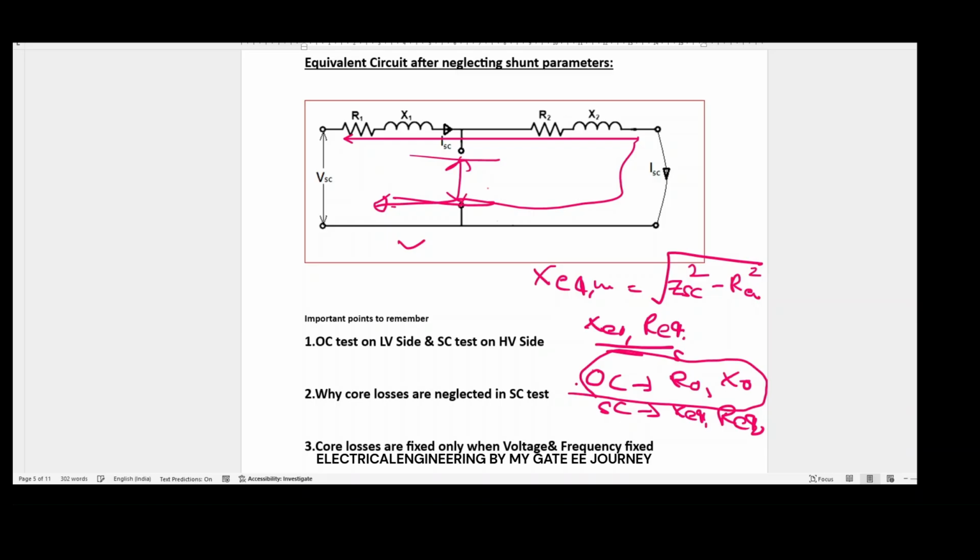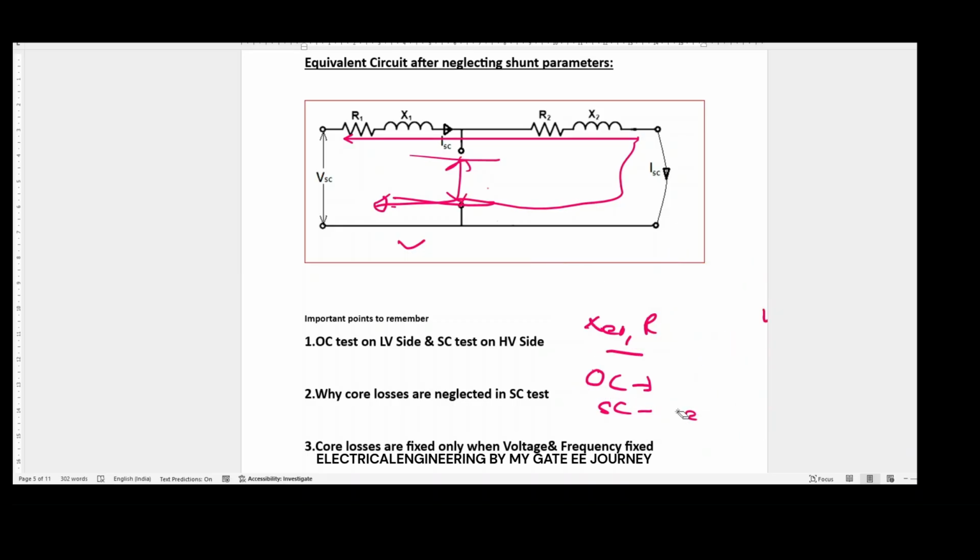If you want to represent the circuit, you have to shift all these parameters to one side. How will you do it? Let us take this: if you want to represent on the LV side, you already have R naught and X naught there, and on the HV side you got R equivalent and X equivalent.